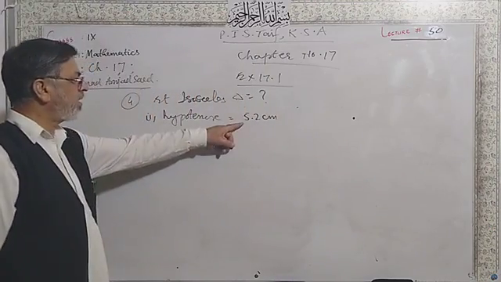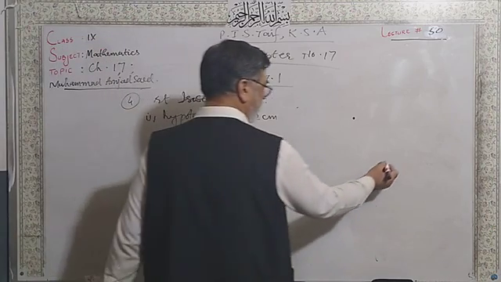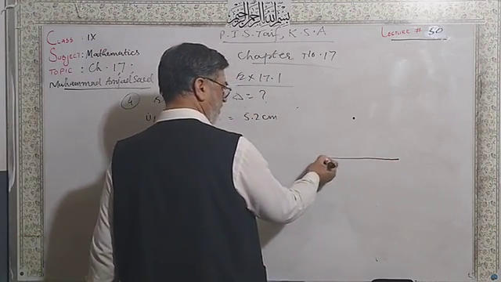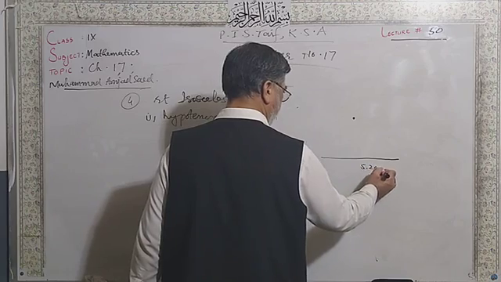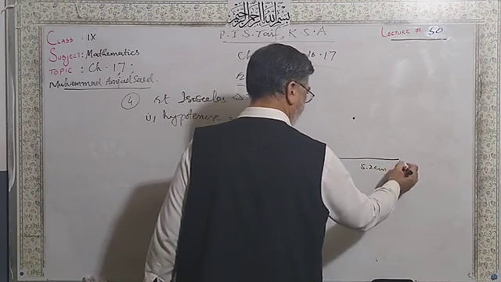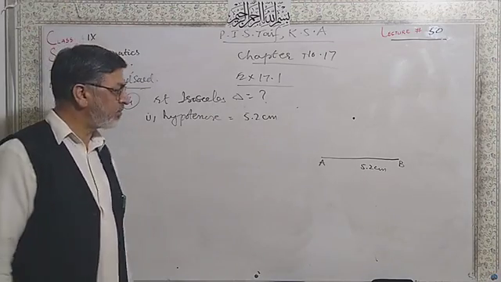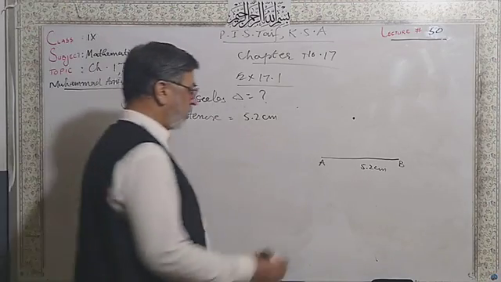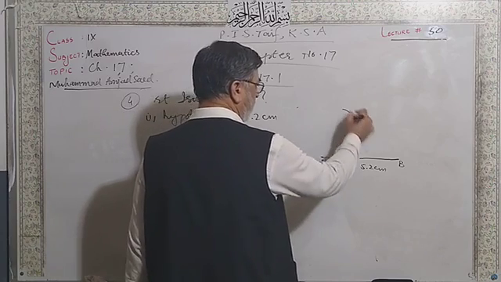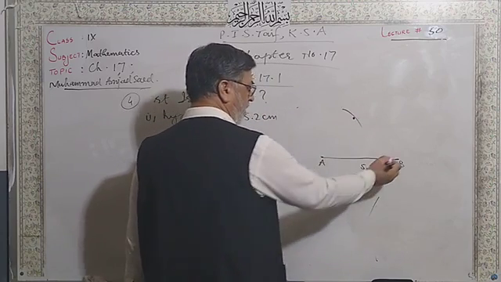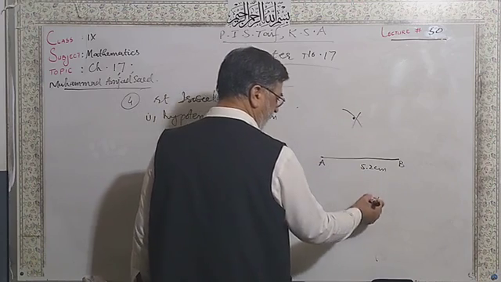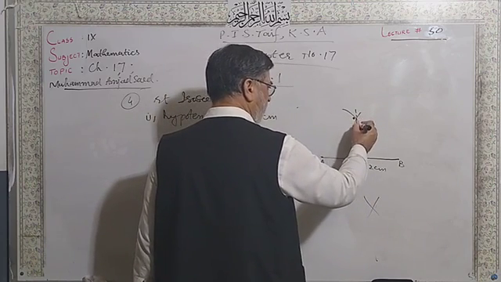Again, you take a line segment 5.2 centimeter, that is AB. Draw a line segment AB of length 5.2 centimeter. Open the compass more than half, draw two arcs above and below. Similarly, take it at B and then join them.